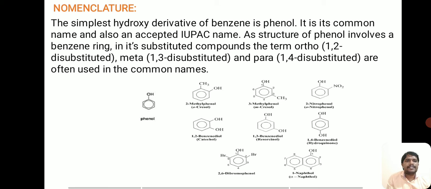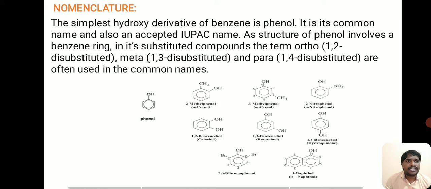In the next example, catechol, here also we have two OH groups, that is 1,2-benzene diol. In the next case, resorcinol, here also we have two OH groups, which are present on the first and third positions. In the next case, hydroquinone, here also the OH groups are present on the first and fourth positions.